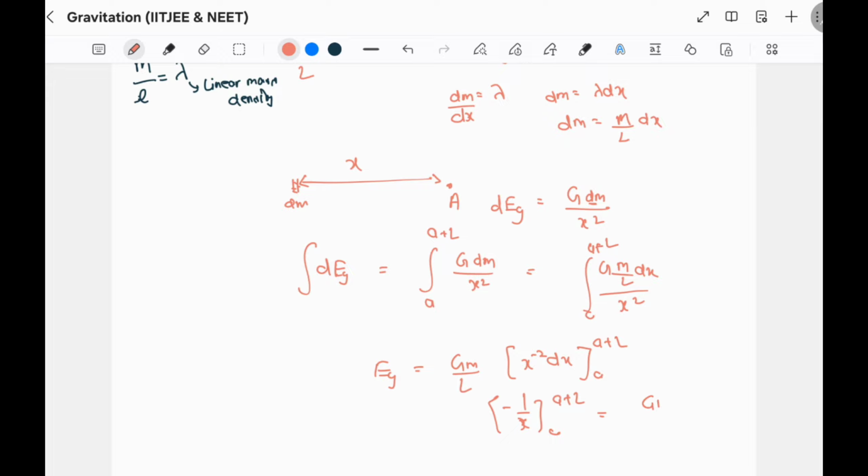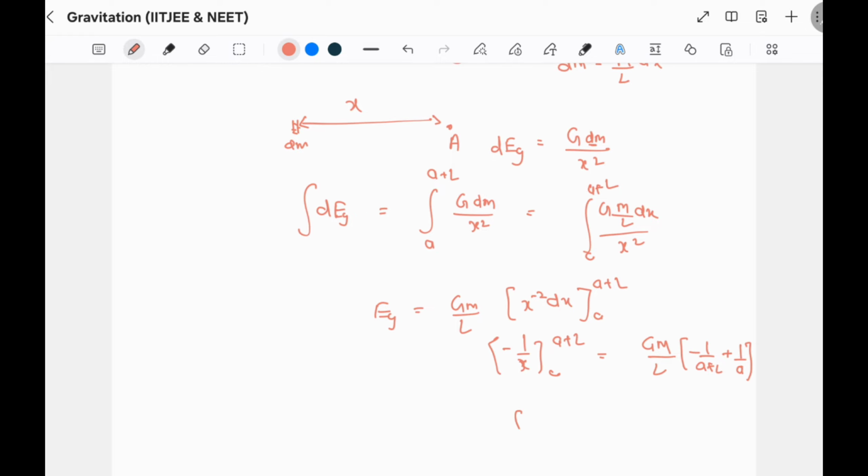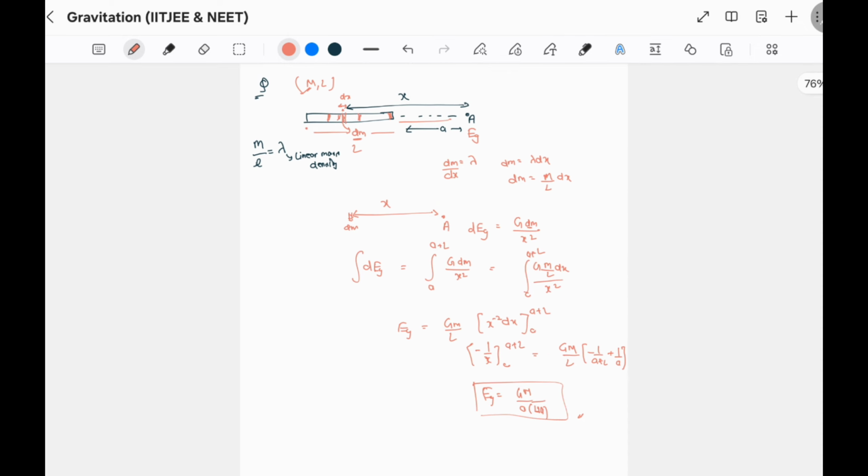After putting the values, you will get GM by L times minus 1 by a plus L, minus of minus will be plus 1 by a, upper limit minus lower limit. So finally, if you solve this, you will get Eg equal to GM by a times (L plus a). This will be the value of the field due to this total rod at point A.